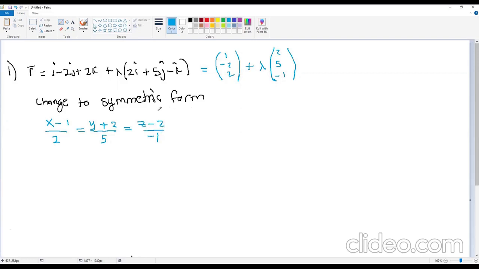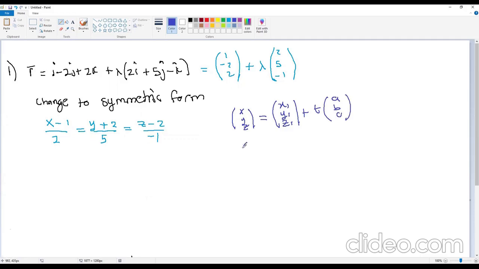Do you have any questions on that? How this thing came about? Maybe I can just show you a little bit fast. Remember the original format of the equation is x, y, z equals x1, y1, z1 plus t times a, b, c.